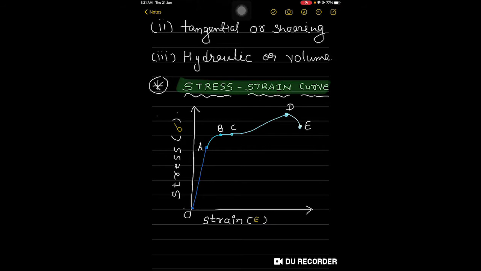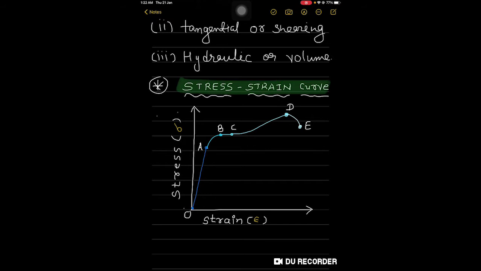The stress strain curves vary from material to material. These curves help us to understand how a given material deforms with increasing loads.